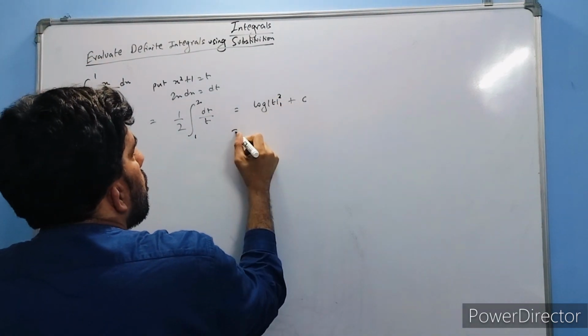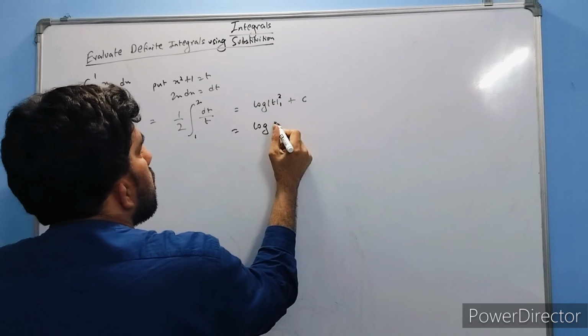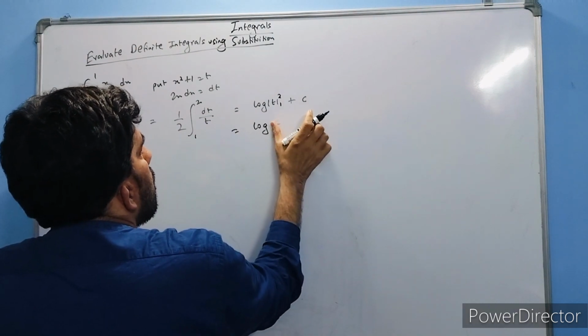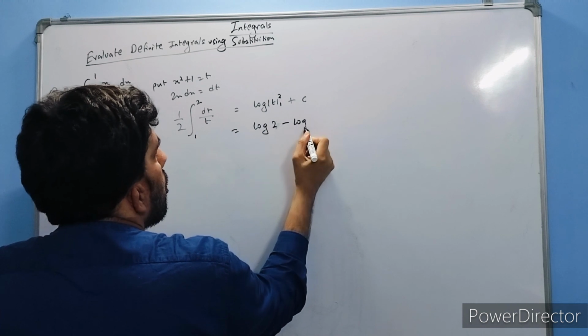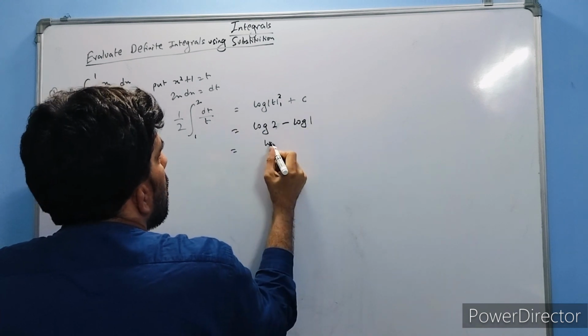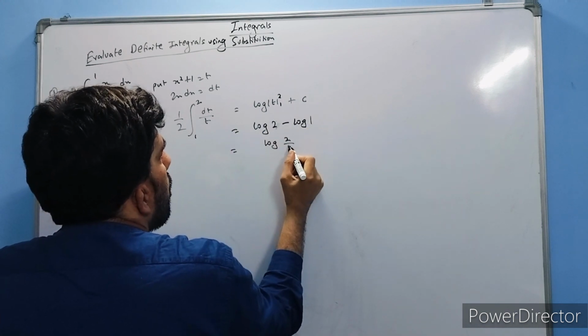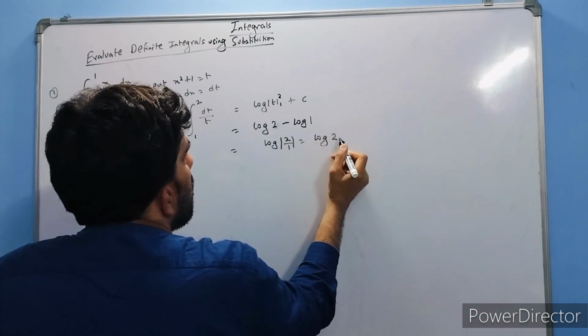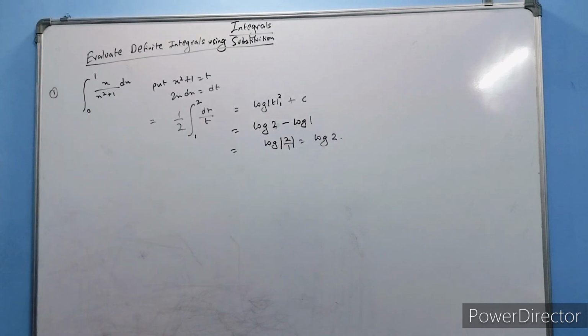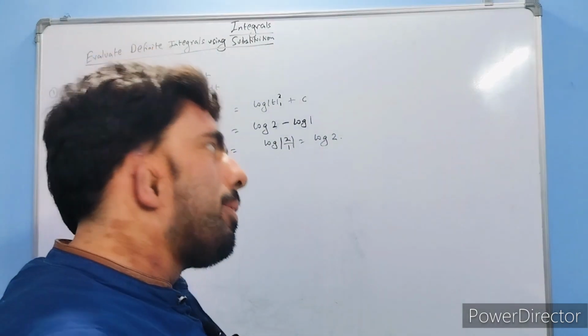Here we will put the values, that is, we'll put t at 2 minus log 1. So I got log 2 upon 1, which is equal to log 2. Okay, so that is how we can easily evaluate a definite integral using the substitution method.